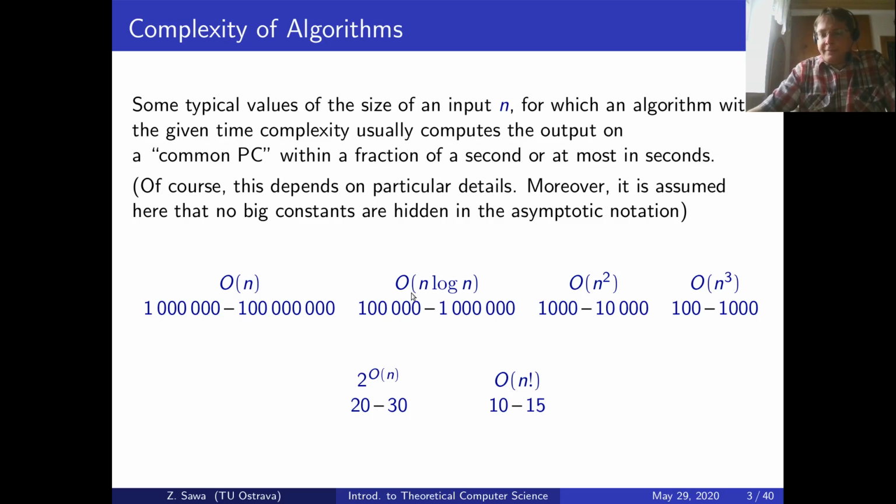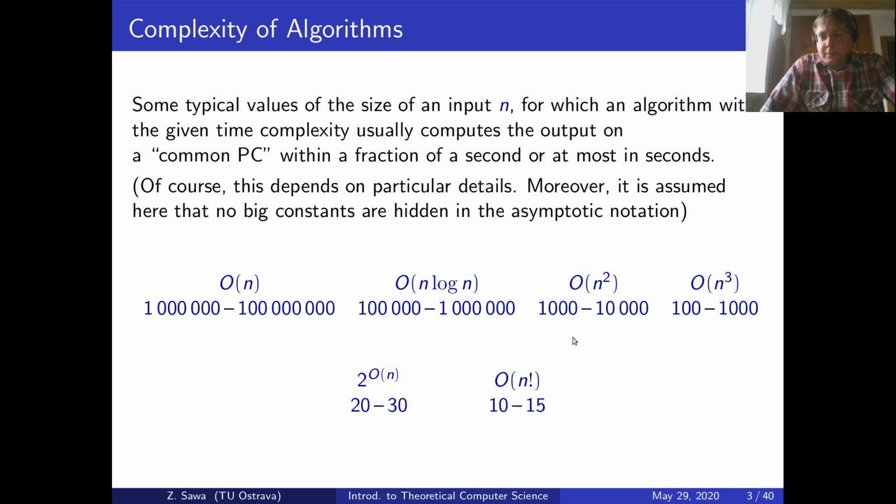If we have complexity like big O n times log n, which is the complexity of more efficient sorting algorithms, for example merge sort or heap sort, then we can process inputs of size like 100,000 up to 1 million elements.